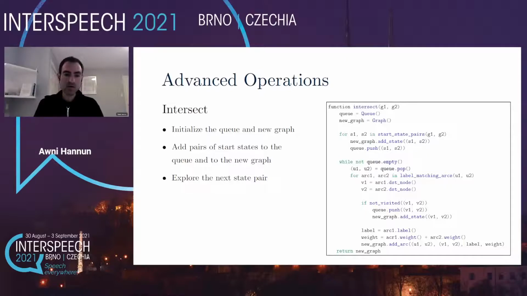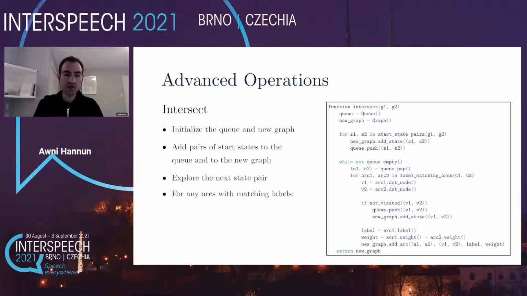Then we pop the next state pair from the queue and we explore it until the queue is empty. If that state pair, so one state from the first input, one state from the second input, if there are any arcs leaving each of those states with matching labels, then we take the destination nodes of those arcs and we construct a new state pair, V1, V2.